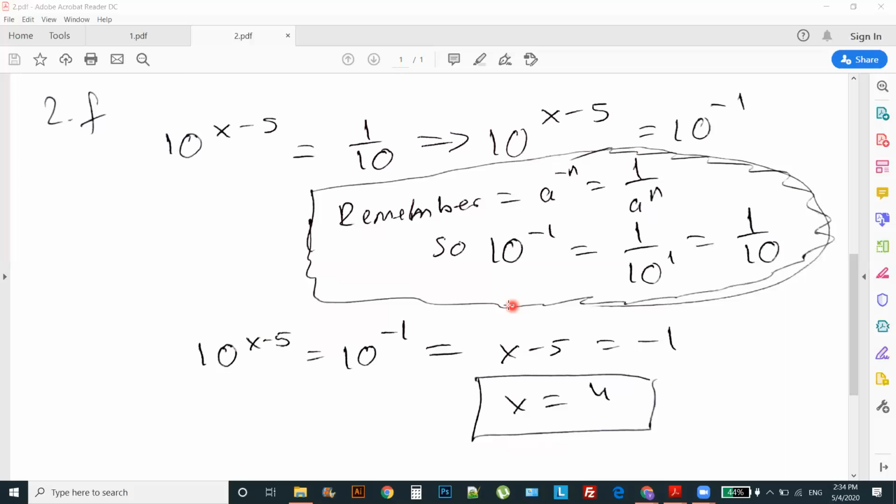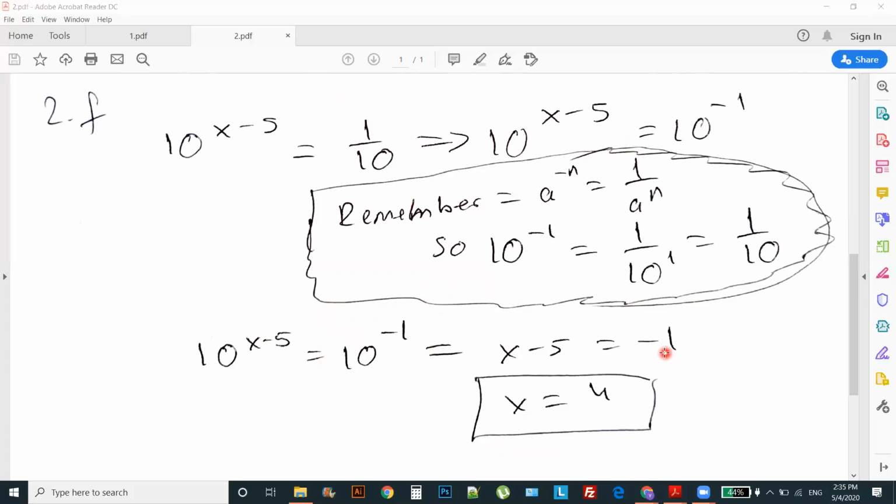Then look here now, 10 to the power of x minus 5 equals 10 to the power of negative 1, which is 1 over 10. Same bases, 10 and 10. Then I'm going to work with the powers. So x minus 5 equals negative 1.